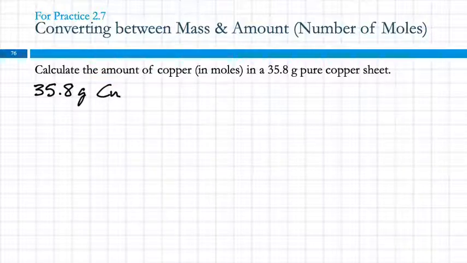And that's the only number, so that must be what we're starting with. And what are we supposed to get? Moles. So over here, we're trying to get to moles. Well, how do we get from grams to moles? The molar mass. So we do that in one step.